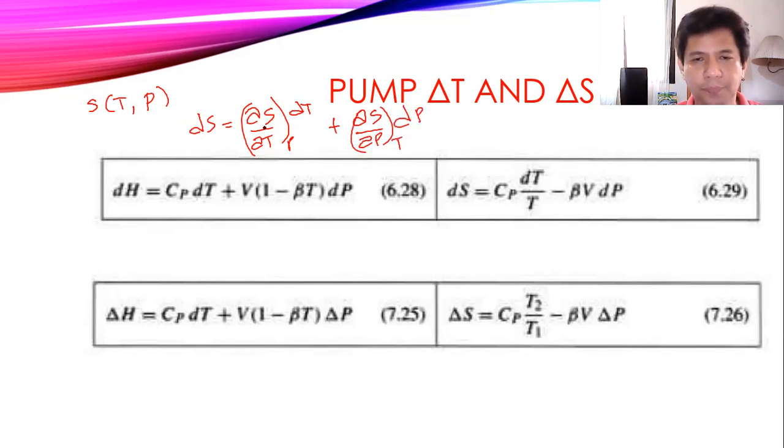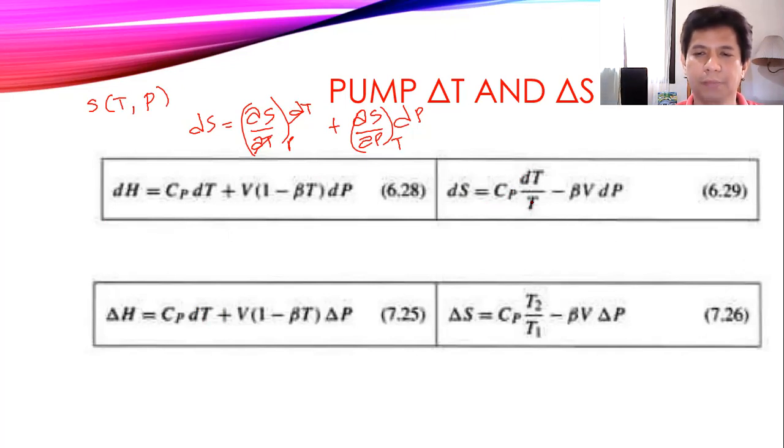Tapos kasi parang as you can see magka-cancel out lang naman to, di ba? Yung dT nito. So parang itong first term natin, parang delta S lang to pag nag-cancel to. Imagine niyo pag nag-cancel to. So ang formula natin ng delta S is simply Cp dT over T pag constant temperature.